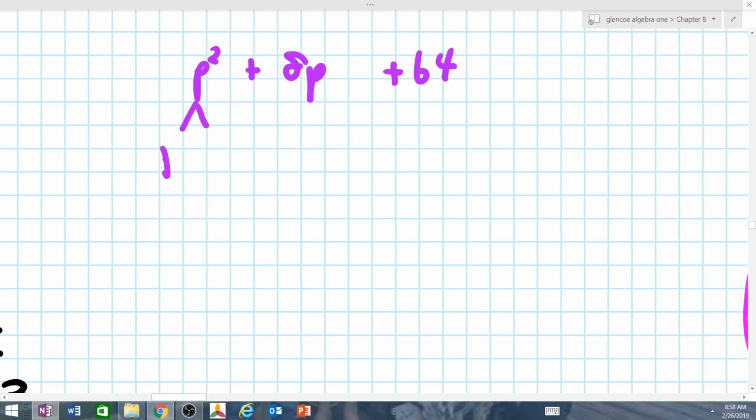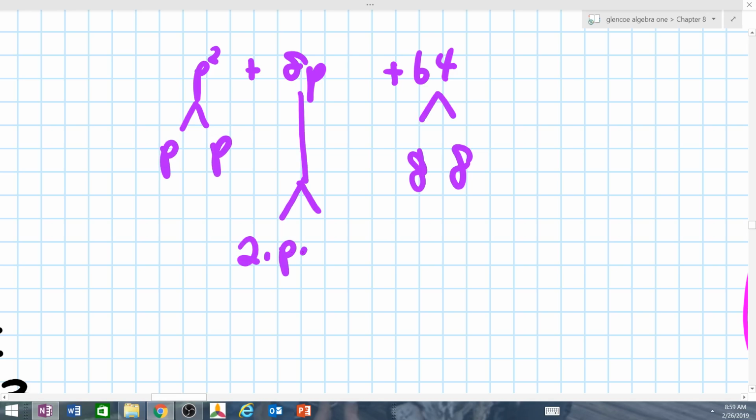Is the third term a perfect square? Is the middle term 2 times the square root of the first times the square root of the third? 2 times p is 2p. 2p times 8 is 16p. What's my middle term? 8p. It's the same thing that he just asked over here. So no, it cannot be a perfect square trinomial.